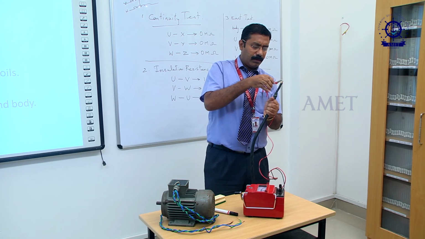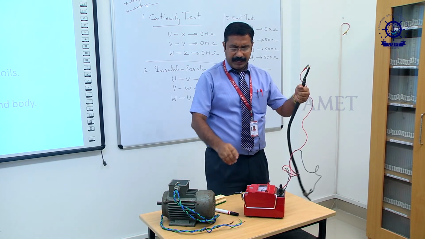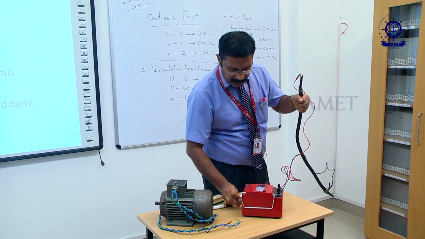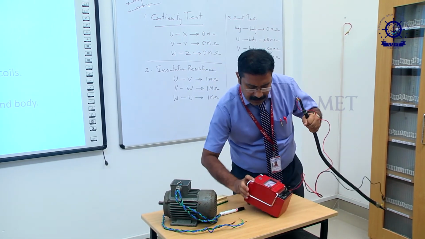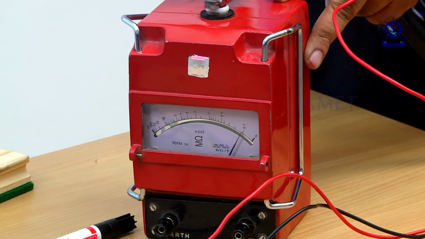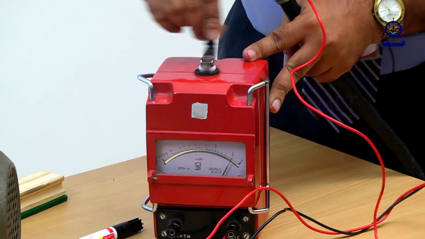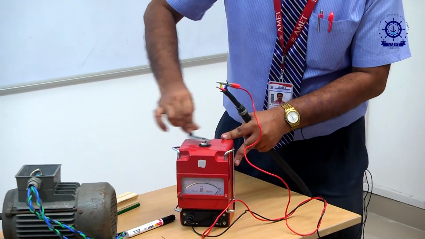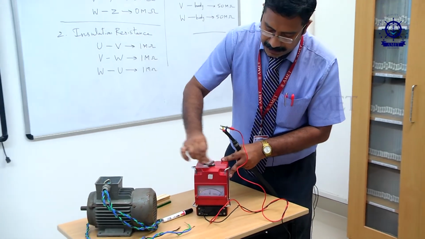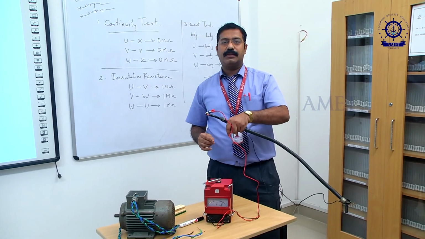For the yellow wire, both the ends I have connected over here. The resistance shown is 0. When I am cranking the shaft, you can notice the resistance going to 0. That means it's a good conductor.